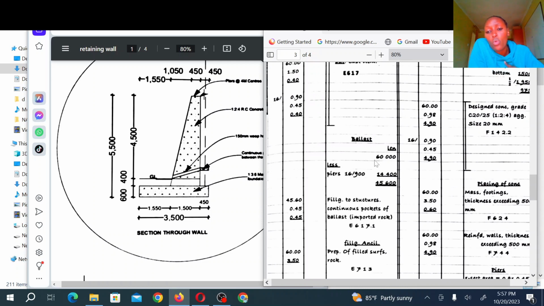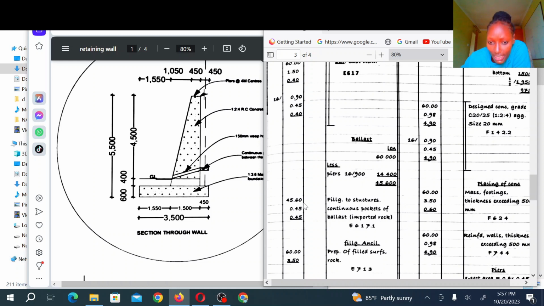If the total wall was 60 meters, we shall deduct the number of piers, which is 16, multiplied by the length of one pier. So 16 times 900, we shall get 14,400. So we take 60 meters, we deduct 14,400, we get 46,400. That is the total length where the continuous pocket of ballast will be.